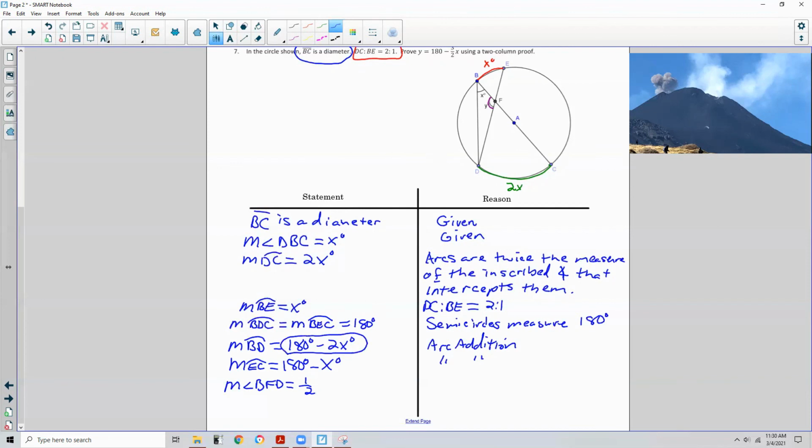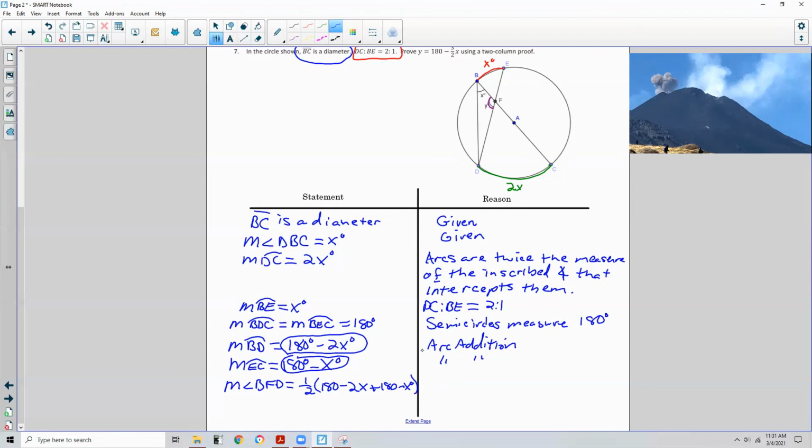So it's going to equal 1/2 of 180 minus 2x. All right. Arc BFD, and it's not a central angle, so we're not done. It's the sum of the two. That's what we've been doing in this lesson. So this angle Y is 1/2 this arc plus this arc. So this is 180 minus 2x, and then it's going to be plus EC, which is 180 minus x, which is actually pretty cool how this comes together.